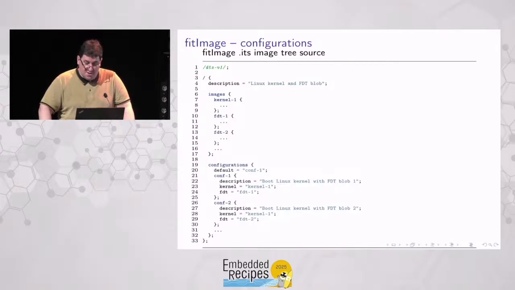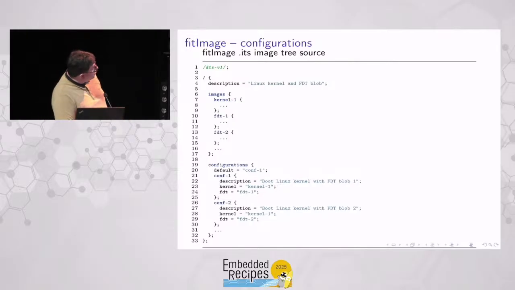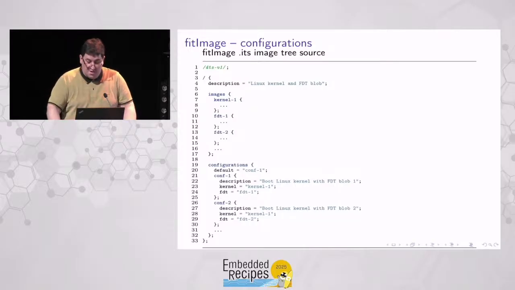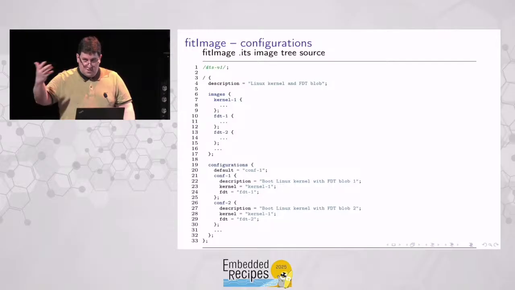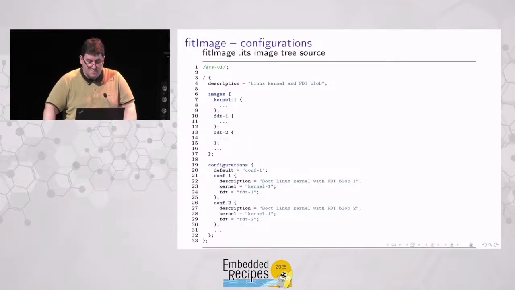For example here, there is a Linux kernel 1 that's a reference to the kernel image, and FDT 1 that's a reference to the device tree. When the user would boot this one configuration, which is actually the default, U-Boot would pick out the Linux kernel 1, place it at the right location, pick out the device tree, place it at the right location, and boot this combination of images together in the right order. That's what FIT image is about.